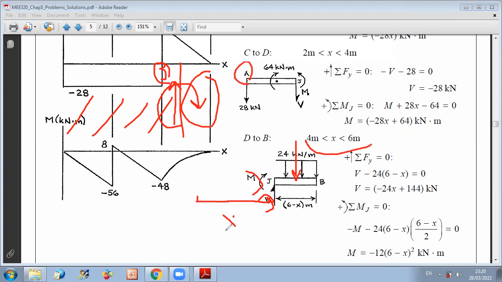Since the distance from the section to A is x, the length of this part of the beam is the total length of the beam, which is 6 minus x. Now, if you want to replace the distributed load on this part by a concentrated force, the concentrated force will be equal to the area of the rectangle, which is 24 times (6 minus x).